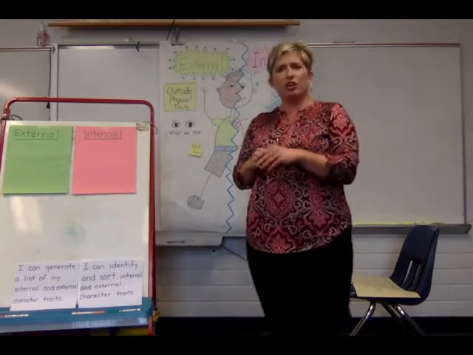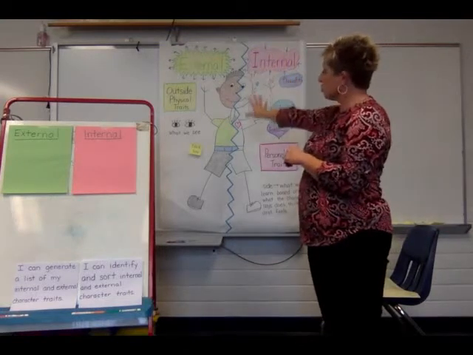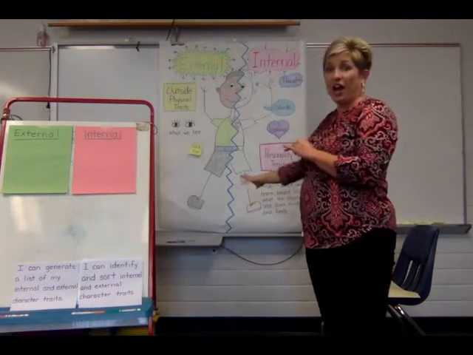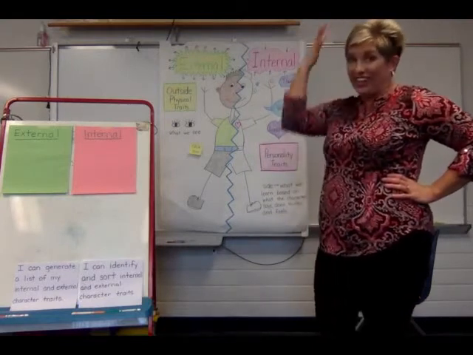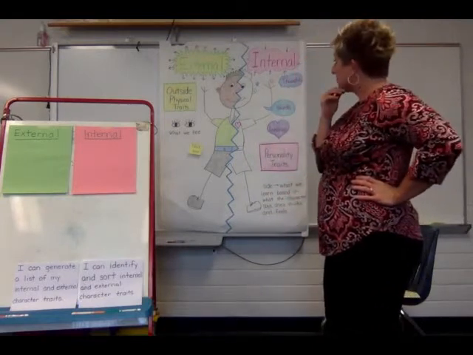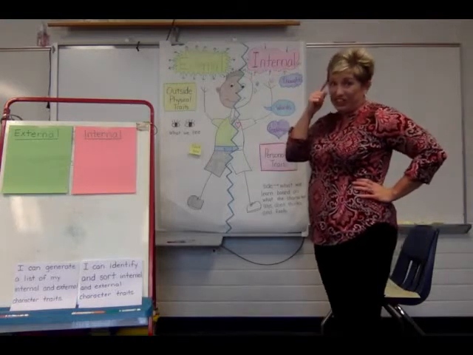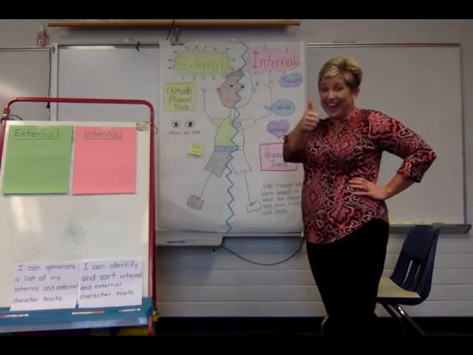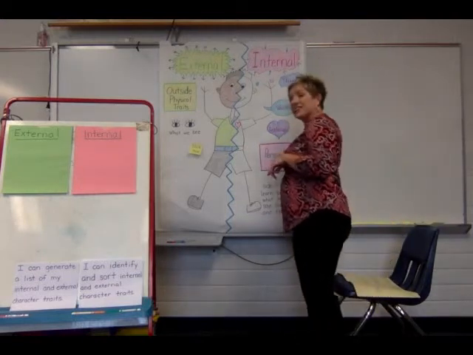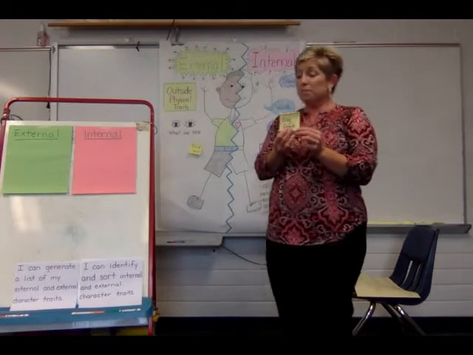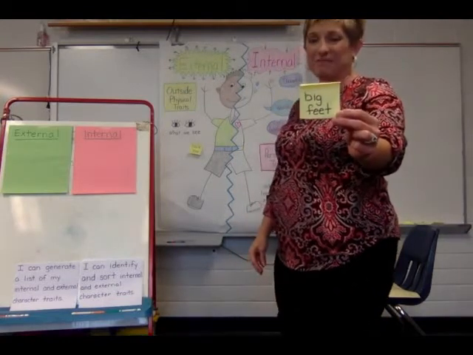I want you to take a look and see what else you think would be an external character trait of Brian. What do you notice about him on the outside? Did you think of something? Yes, good. One thing that I noticed about Brian as I was looking him over is that he looks like he has some big feet.